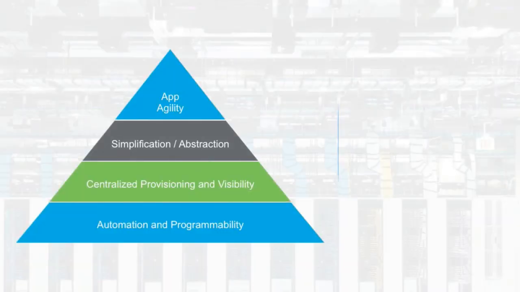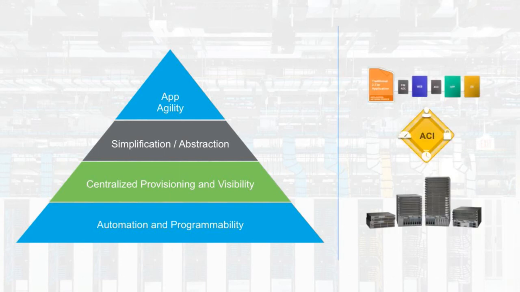So what is ACI? ACI is a simplification or an abstraction on top of the network and application APIs. It tries to abstract things so that knowledge of the underlying infrastructure and mechanisms is not necessary to manage and operate these fabrics.